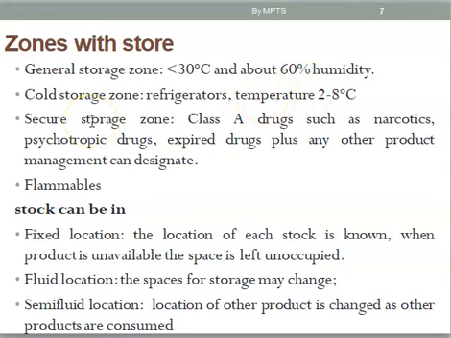We have secure storage. These are the cupboards which are always under lock and key. We can also have those ones for expired drugs and narcotics. All those ones should have a designated place within the store. Flammables, in case you're a large pharmacy store dealing in flammables, should be stored separately.